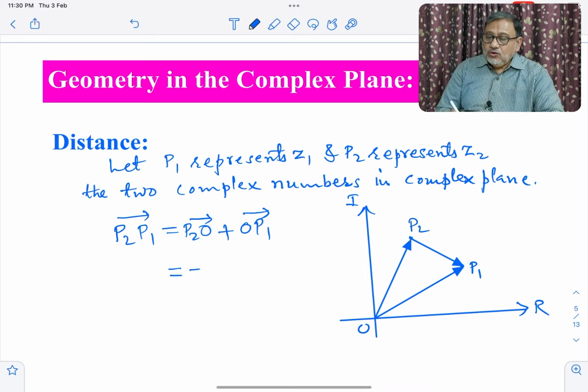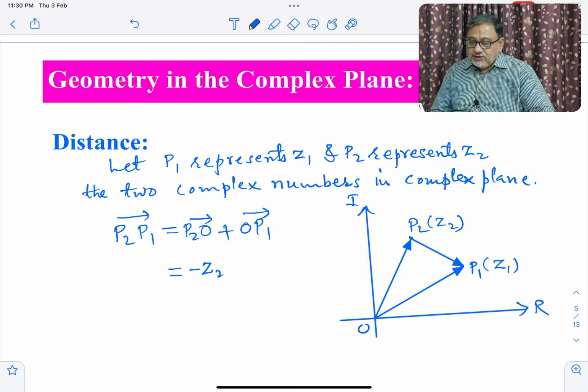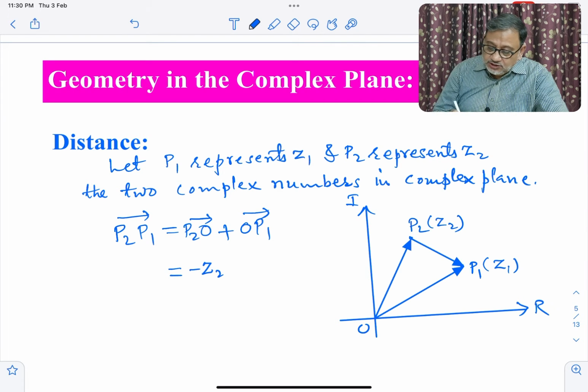So P2O is like minus Z2 because this is representing Z2 and this is representing Z1. So from origin to P1 is Z1 and origin to P2 is Z2. So it will be negative of that. So negative Z2 plus Z1, and therefore it is Z1 minus Z2.